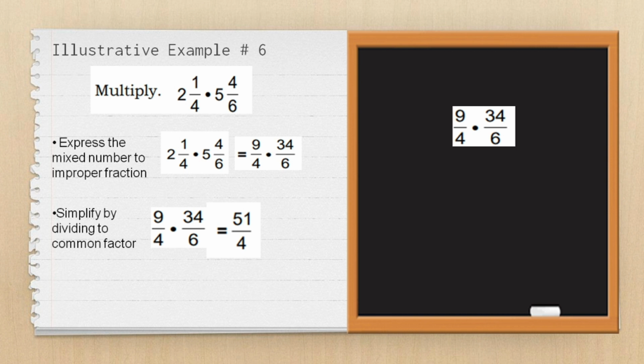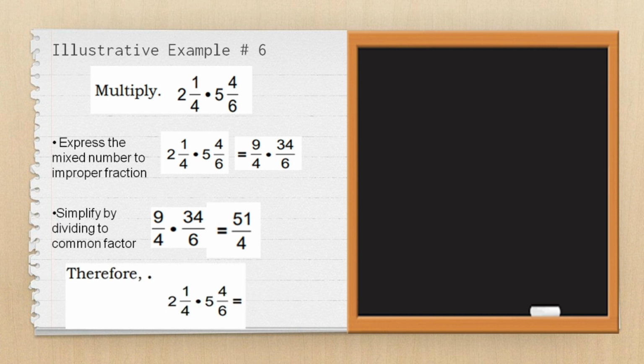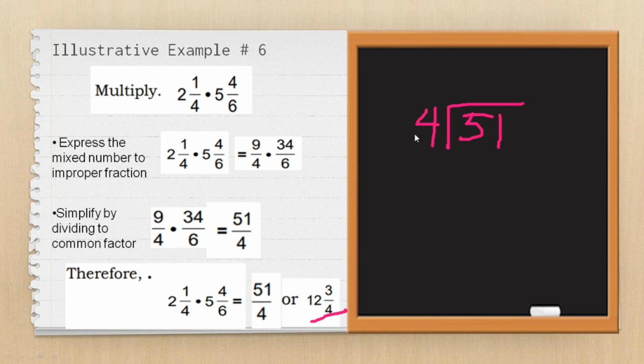Okay, so meron tayong 51 over 4, or sa mixed number, that's 12 and 3/4. Okay? Bakit naging 12 and 3/4? So we have yung 51/4 na sagot natin kanina, kung gusto natin na gawin siyang mixed number, 51 divided by 4.